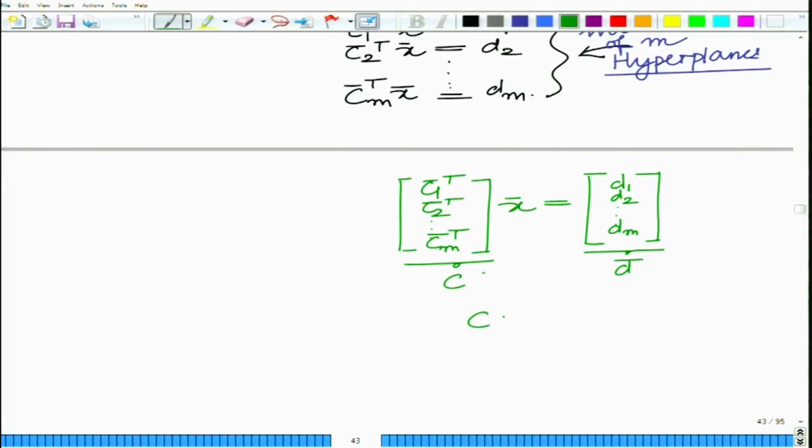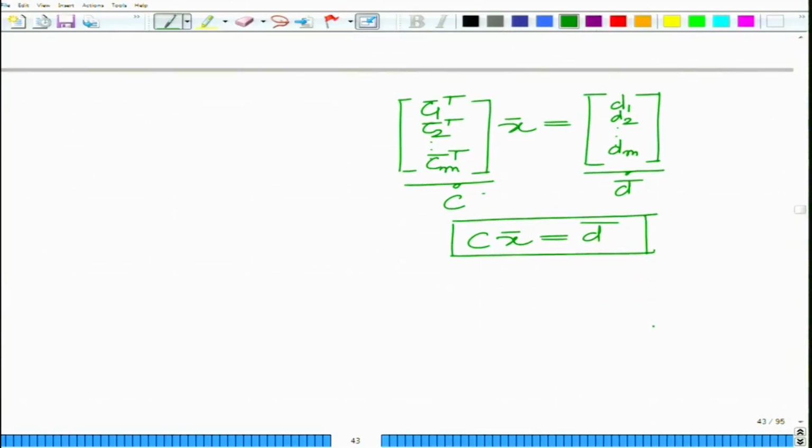We have C x bar equals D bar, which is an intersection of hyperplanes. It is a compact way of representing an intersection of hyperplanes.